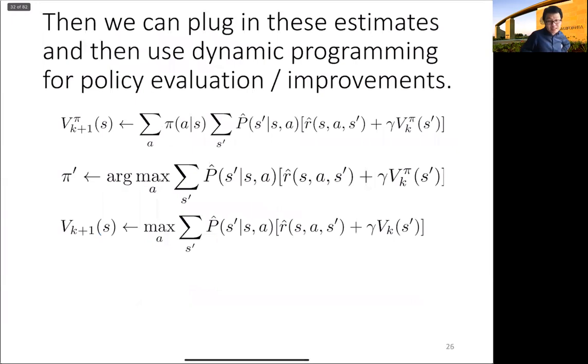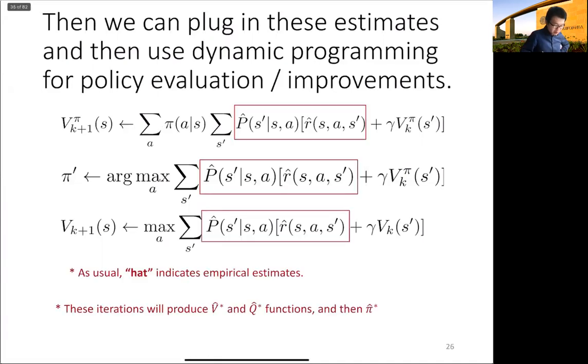And we've seen that doing that with at least IID samples gives rise to pretty efficient learning that depends on 1 over epsilon square and then polynomial in all the other parameters of the system. So we can run dynamic programming by replacing these with empirical estimates, which we index canonically by adding a hat to these variables.